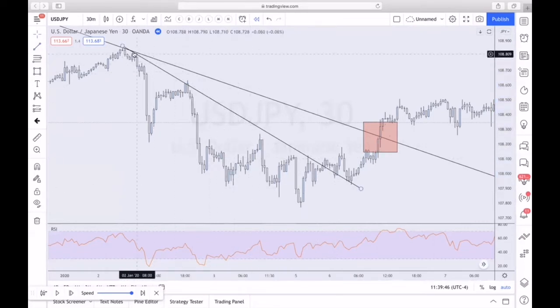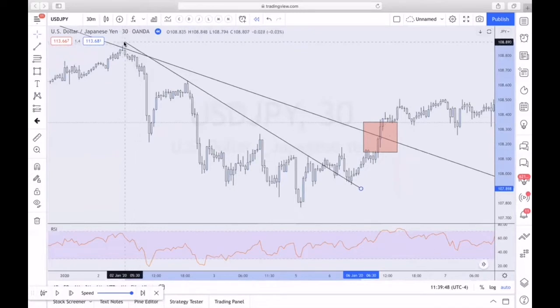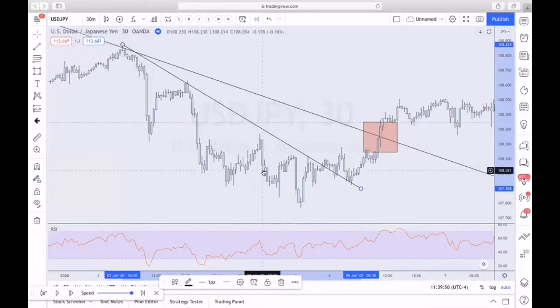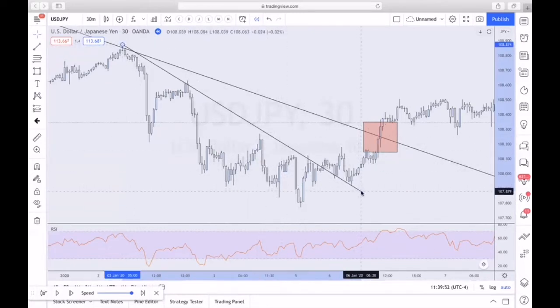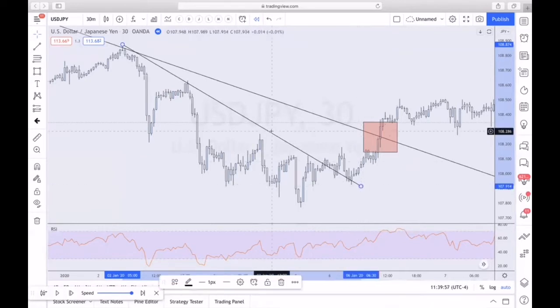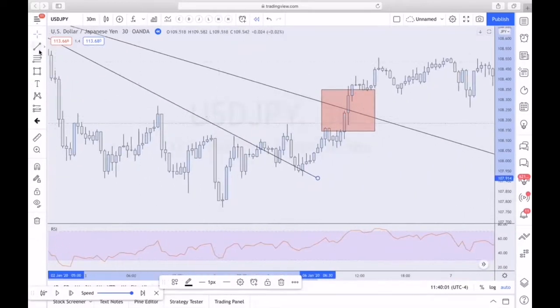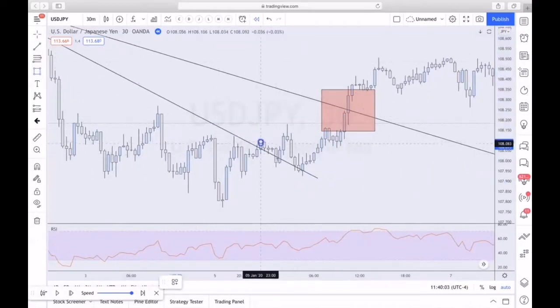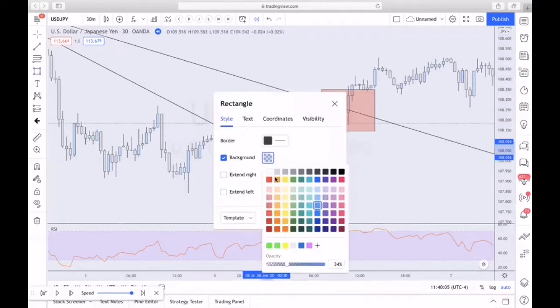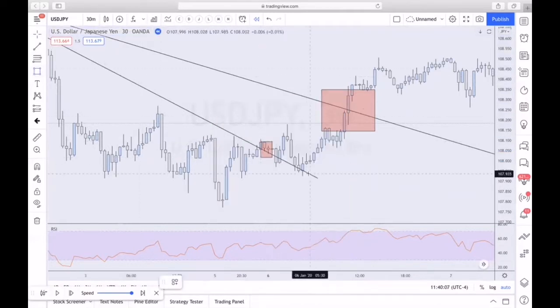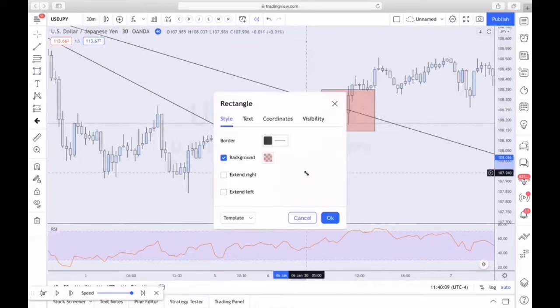So if I have my first point here and my second point here, I'm not really focused on this down here. I'm only focused on my first 2 points. And then for this minor structure, we have a minor structure break here, and then we have a minor structure retest here.